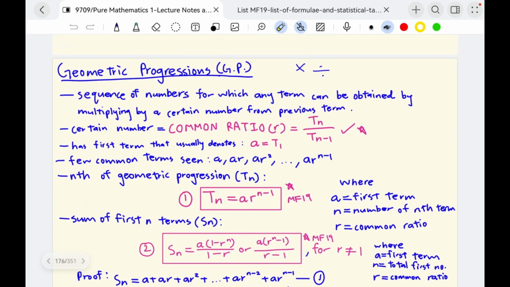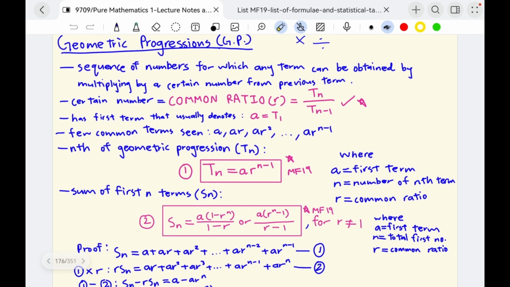So GP is the sequence of numbers for which any term can be obtained by multiplying by a certain number from the previous term, and it can also be division if the common ratio is less than 1. So what does the certain number refer to? It is the common ratio. To find the common ratio, it is Tn over Tn minus 1.